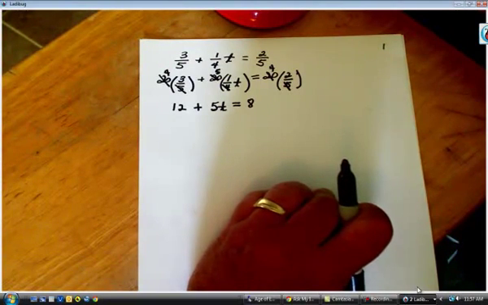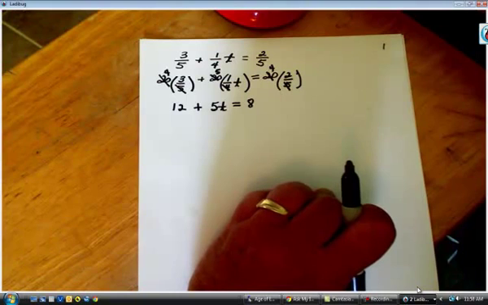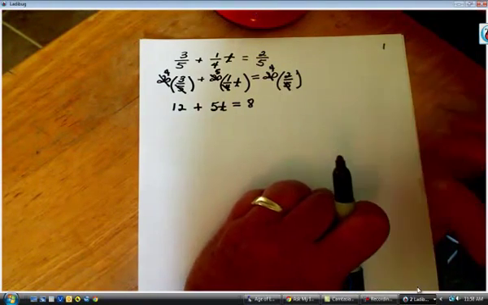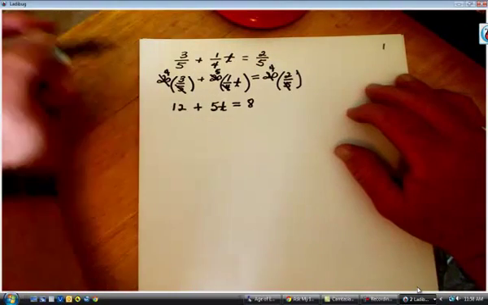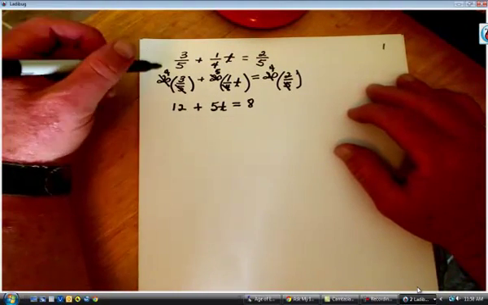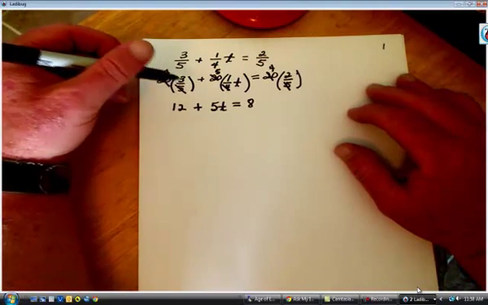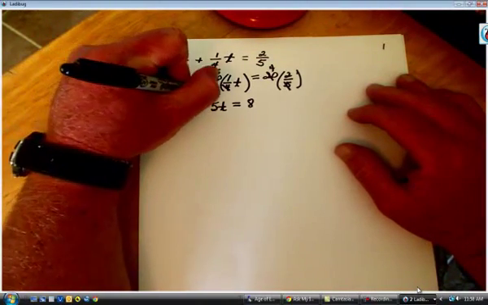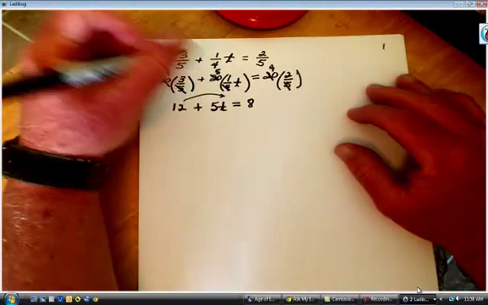The next thing we would do is isolate the 5t, get the term that the t is in by itself first. That means that we have to subtract 12 from both sides. So let's do that now. Or in my parlance, I would transpose the 12 to the right-hand side of the equation.